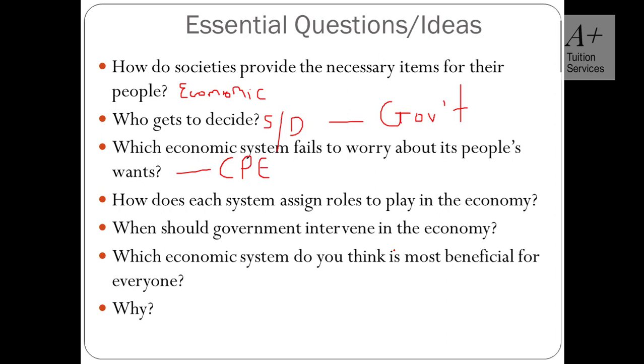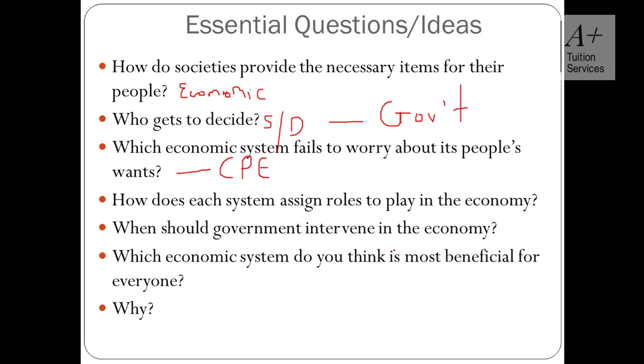And when should the government intervene in the economy? I think the government should intervene in any economy when resources are being wasted, when needs are not being met, when money is being lost. Which economic system do you think is beneficial to everyone and why?